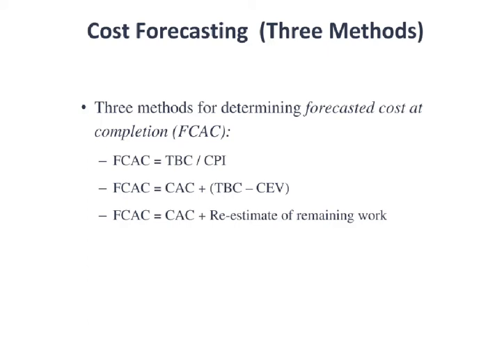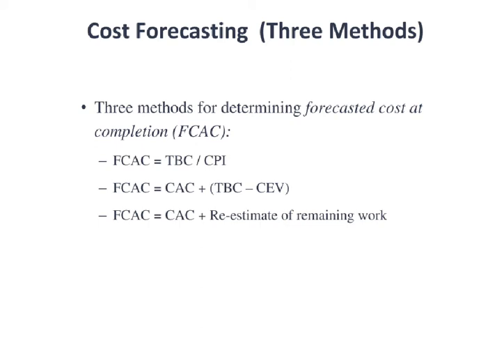The second equation is you take the cumulative actual cost, that's how much you spent to date, plus how much you think you're going to have to spend in the future. So you take what you spent so far and add on to it what you're going to need to spend in the future.